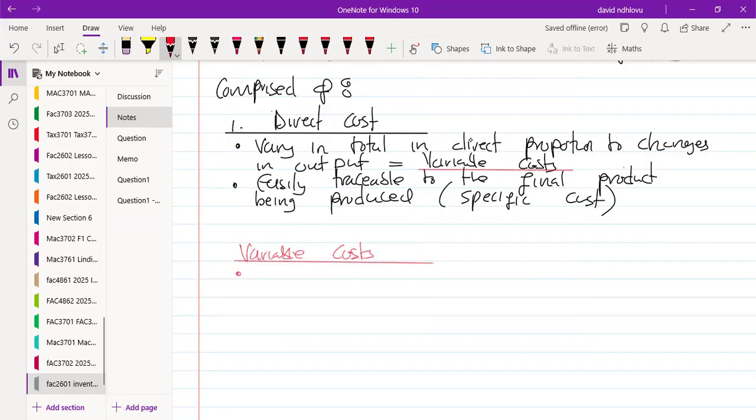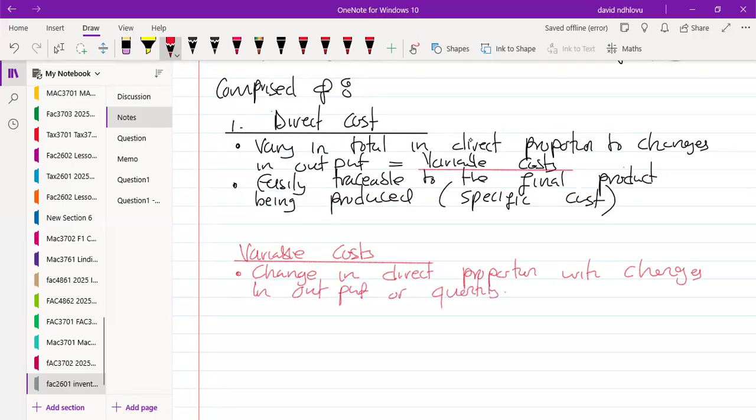Remember, these change in line with changes, in direct proportion, with changes in quantity or output, at least in total. An example of this will be direct labor.